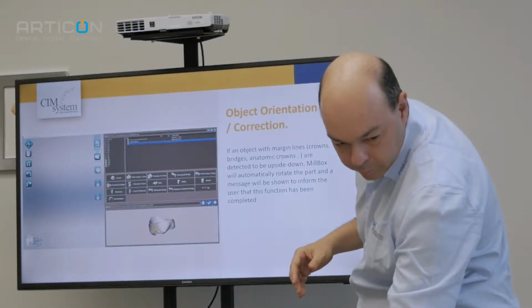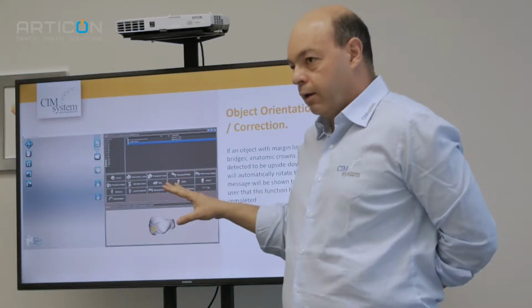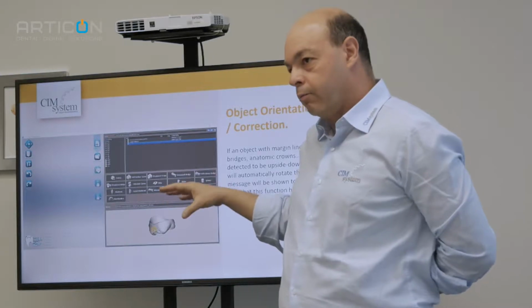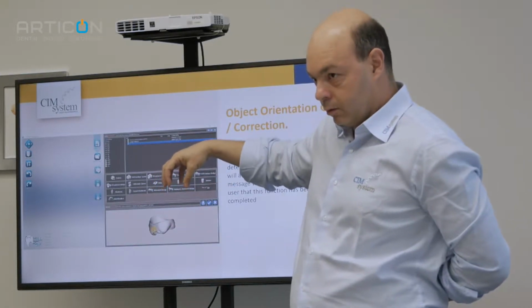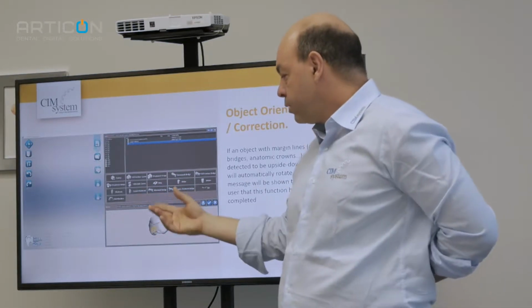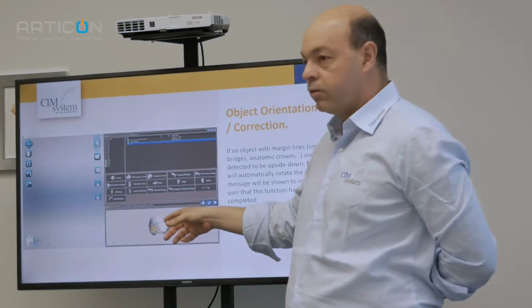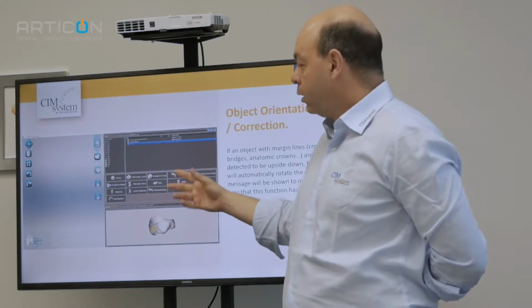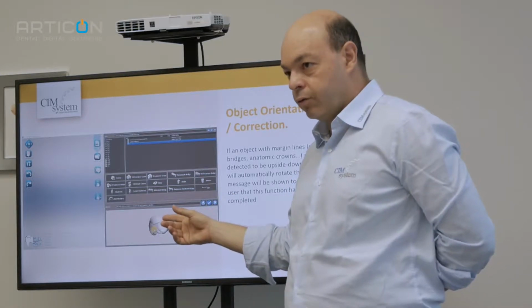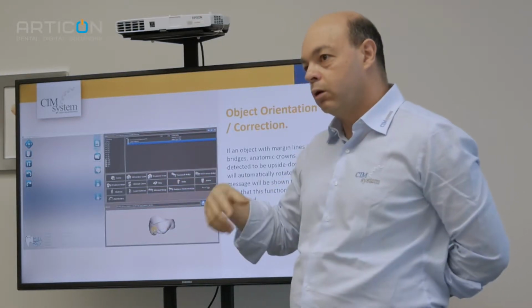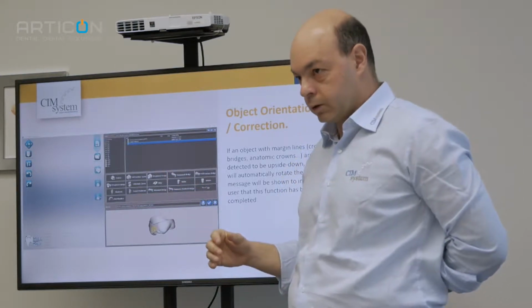This is automatic orientation. I'll show you. In Millbox, when I import the STL of a crown or bridge, I need the cavity on the opposite side. Sometimes the software, the scanner, saves in this way. In the past, I needed to open another software and rotate the STL before importing into Millbox.